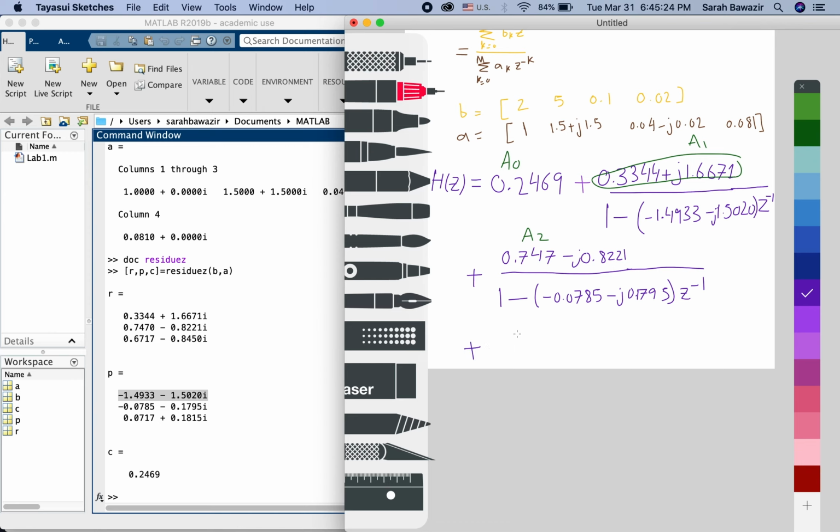And then finally, plus, what is the numerator?